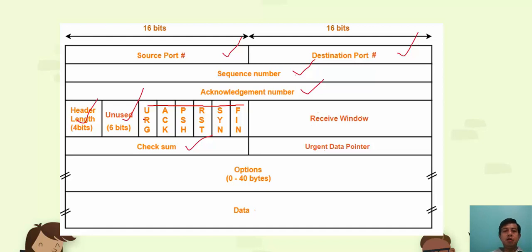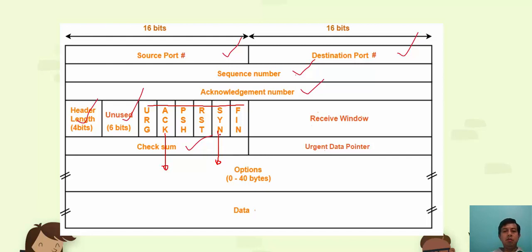First we'll discuss the role of those flags which play a role in TCP connection establishment. So first note these two particular fields about which we'll discuss today. This flag, written as SYN, stands for synchronization, and another flag ACK stands for acknowledgement.